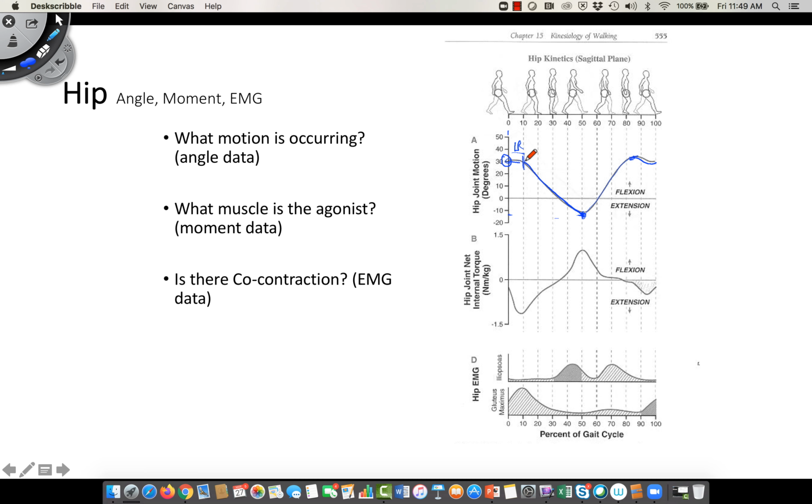Then throughout single leg support there's rapid hip extension until we enter double support again at 50% at the beginning of pre-swing, at which time we have rapid hip flexion that's arrested around the transition between mid-swing and terminal swing. Then we have a slight amount of flexion, and then a slight amount of extension to place the foot on the ground for the subsequent heel strike.